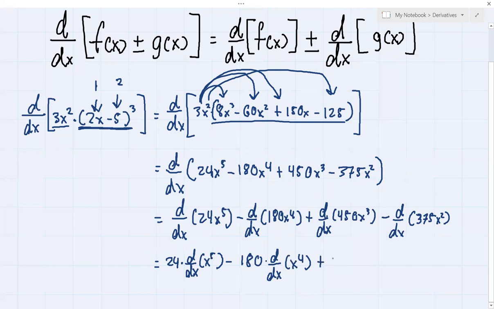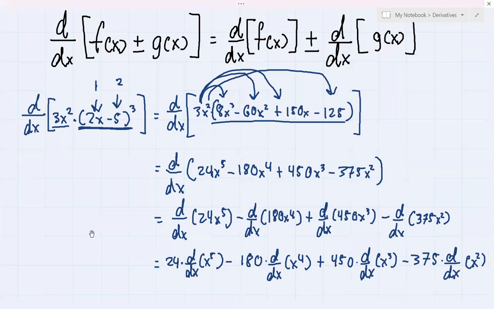Plus, ganun din sa third term, 450 times the derivative of x cubed. And last but not the least, minus ito, ganun din. Meron kang constant at algebraic function na x squared. So, magiging minus 375 times the derivative of x squared. That's it.